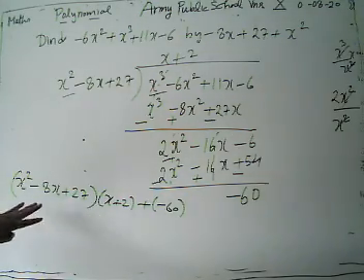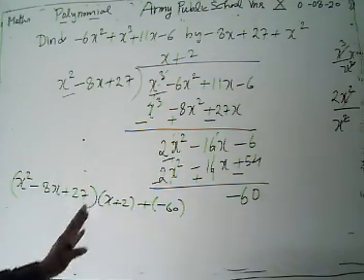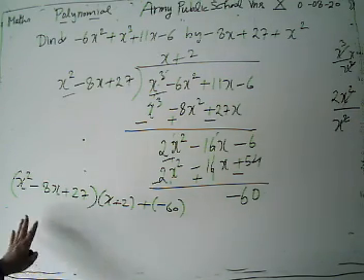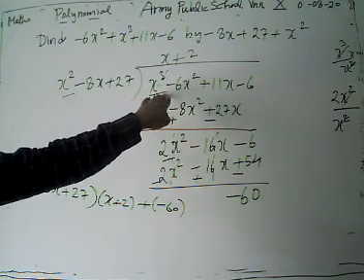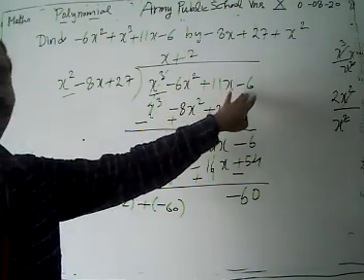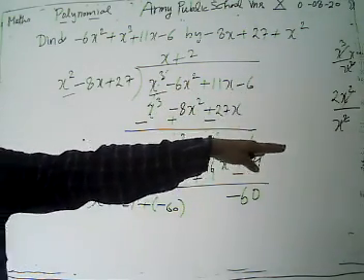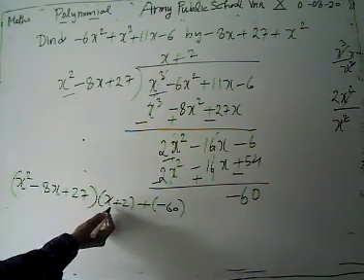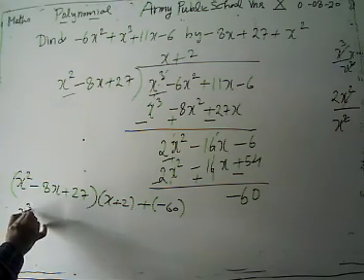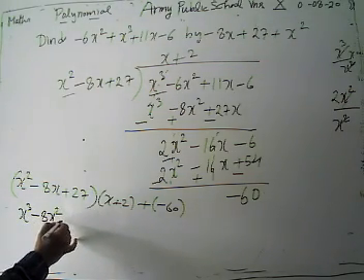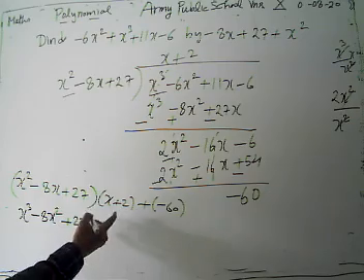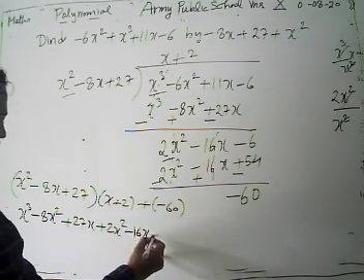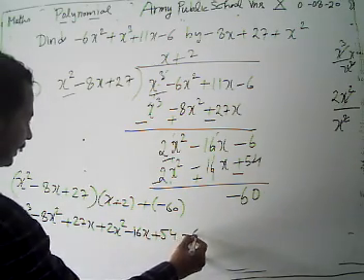Now we solve divisor into quotient plus remainder. After solving this it should equal x cube minus 6x square plus 11x minus 6. Then we have verified our division algorithm. Multiply with x, what do we get? x cube minus 8x square plus 27x plus 2x square minus 16x plus 54 minus 60.